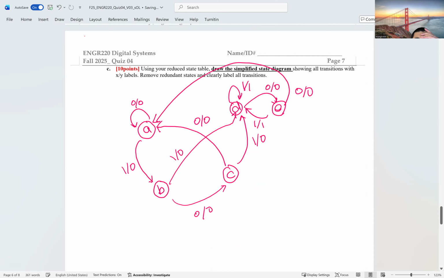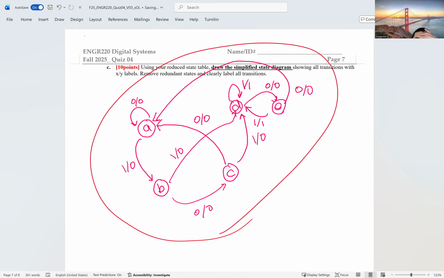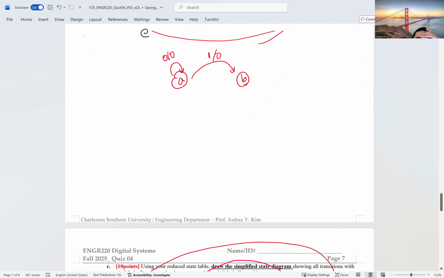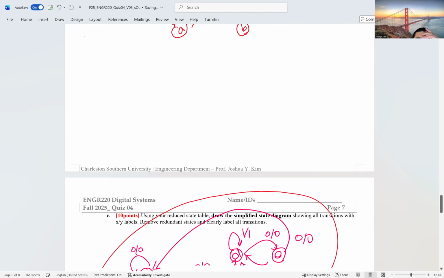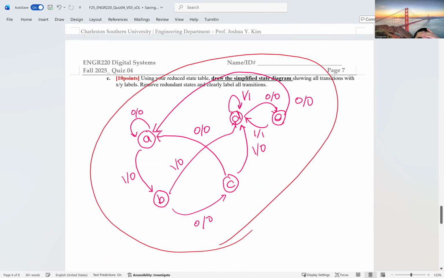So finally, you can draw the state diagram from the reduced state table. That is the answer. Okay. Honestly, I strongly recommend you practice on your own. That is really helpful. We have a lot of homework questions as well from the lecture. Okay. All right. Thank you. Bye.